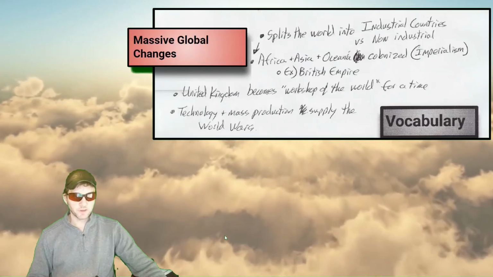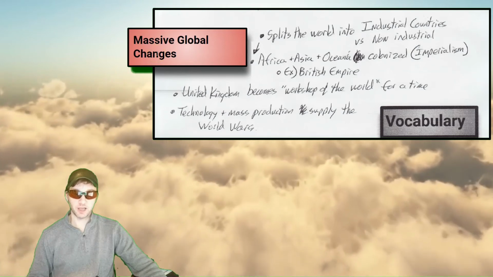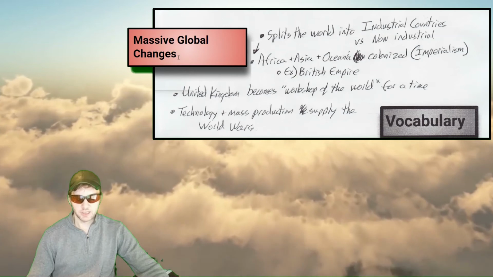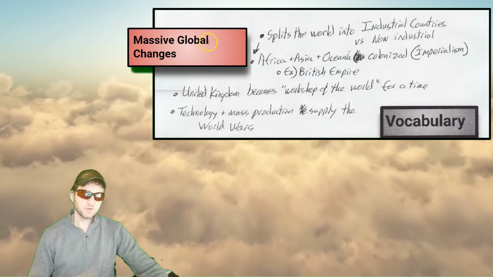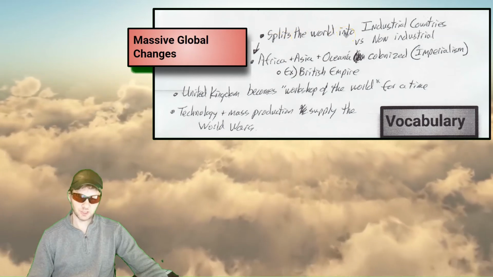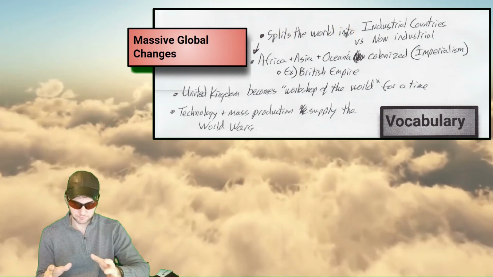So let's finish up with 4 massive global changes that happened during and right after the Victorian era. Okay, so Victorian era, Industrial Revolution, same thing. The Industrial Revolution splits the world into 2 different types of countries, more so than any other way you could judge a country.